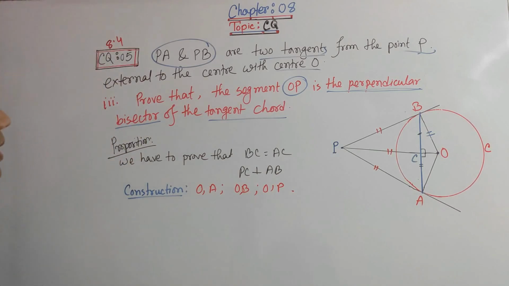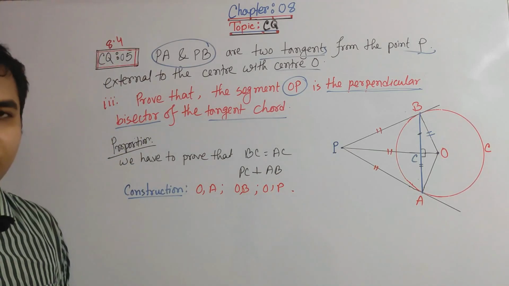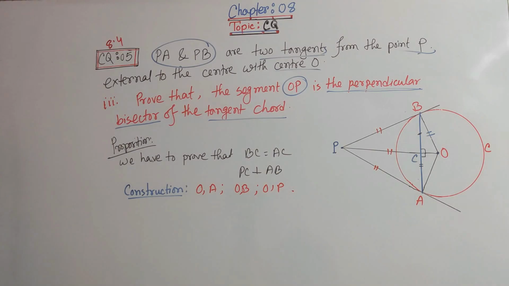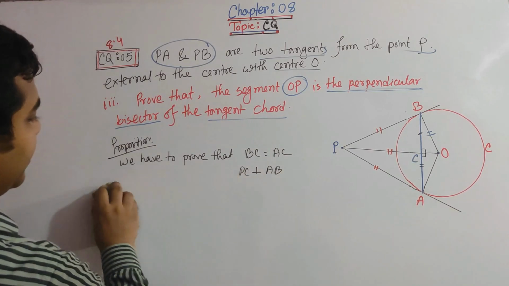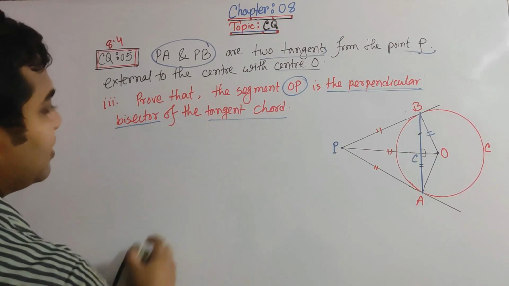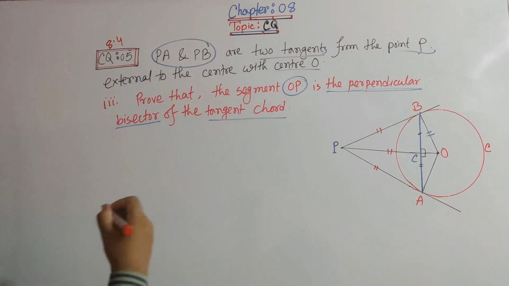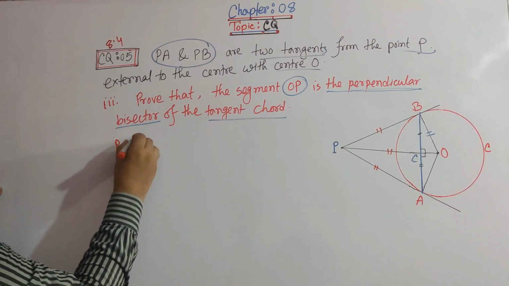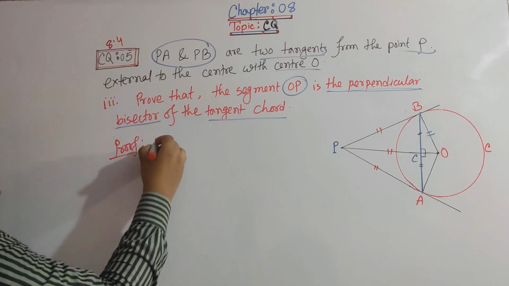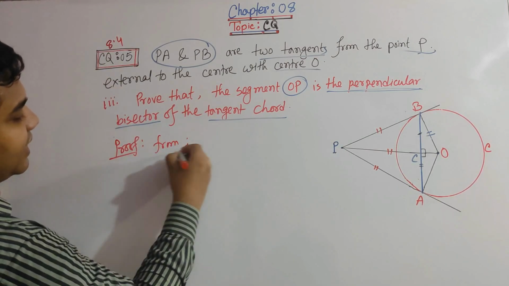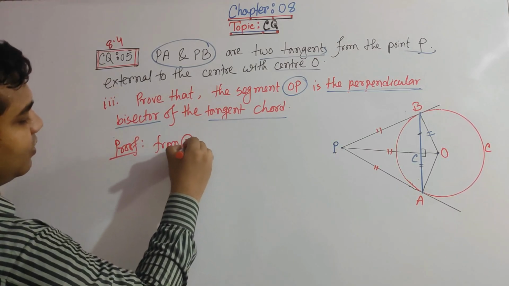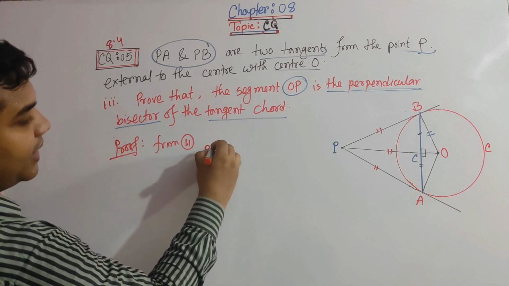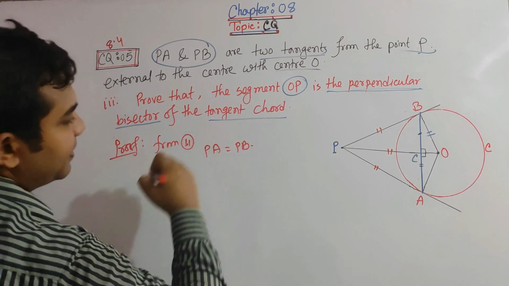Okay, now we are going for the proof part. When we are thinking about the proof part, from 2 we can already say that our PA is equal to PB.